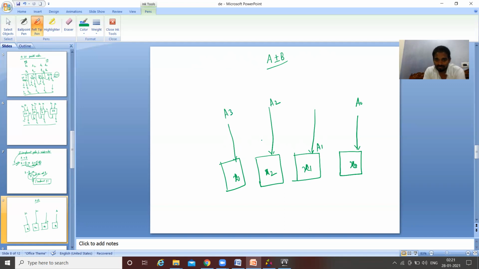Now B is there. So first what we have to do, if B is there, take one control signal. I will draw here one exclusive OR gate, and the exclusive OR gate output is given here, and one input of this exclusive OR gate is B0. I'll explain later what this process is.